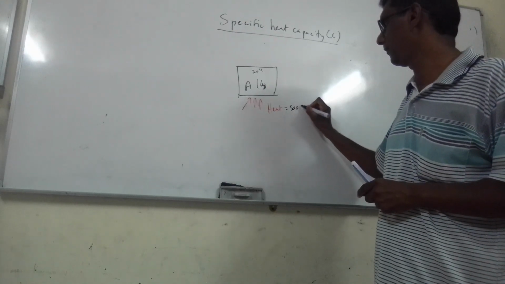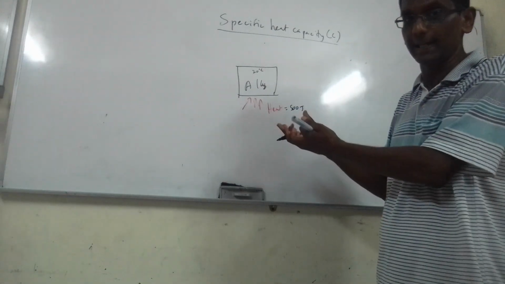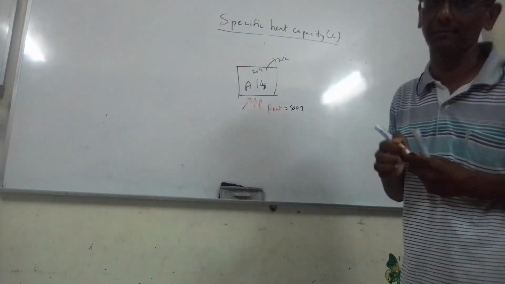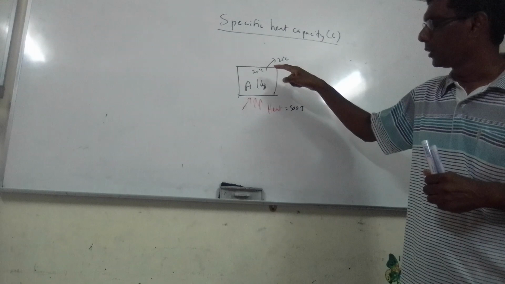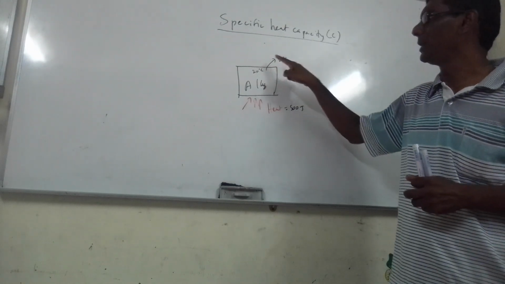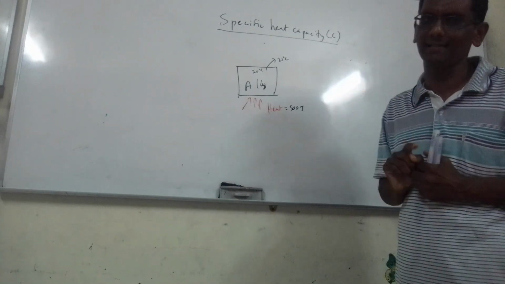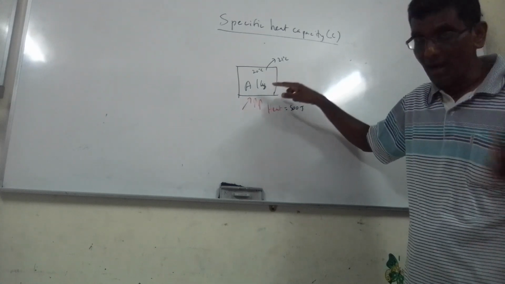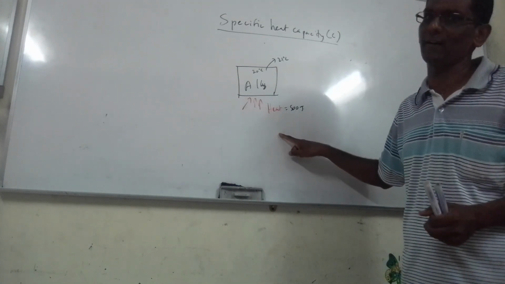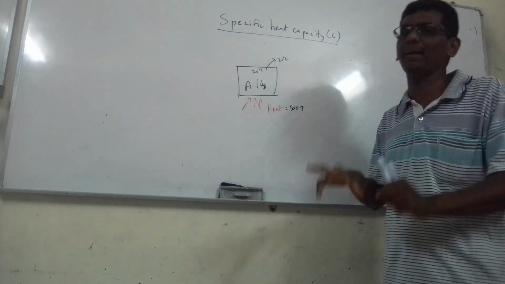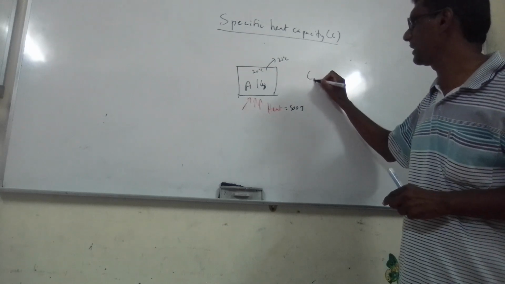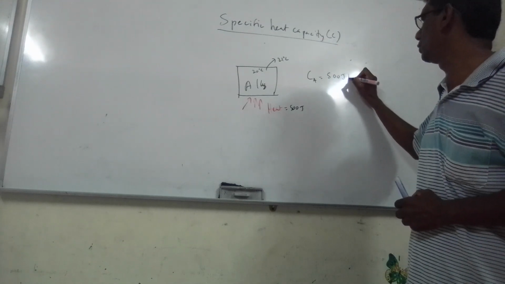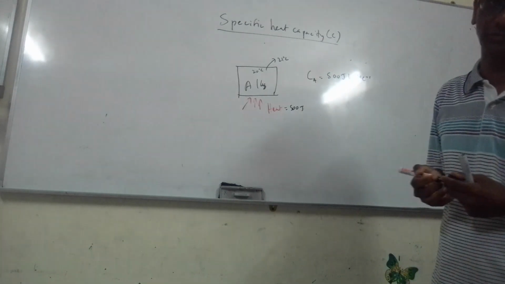Heat of 500 joule increases the temperature to 21 degrees Celsius. From 20 to 21, that is an increase of 1 degree Celsius. For 1 kilogram object, the heat needed is 500 joule. So the specific heat capacity of object A is 500 joule per kilogram per degree Celsius.